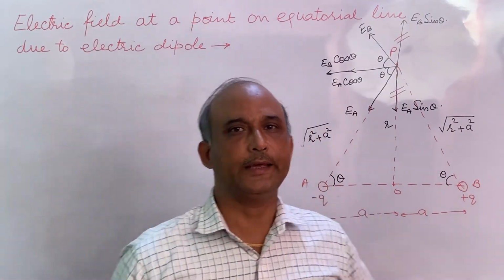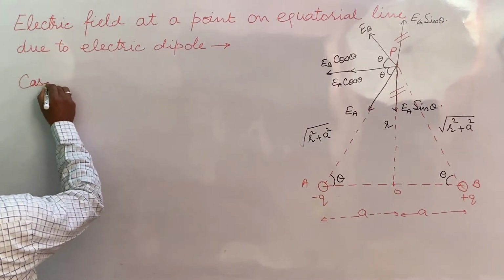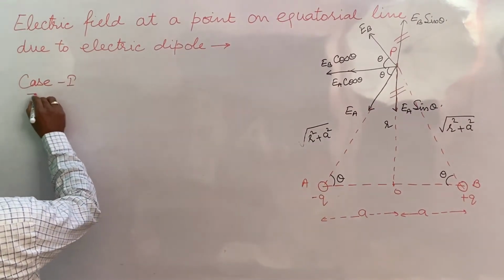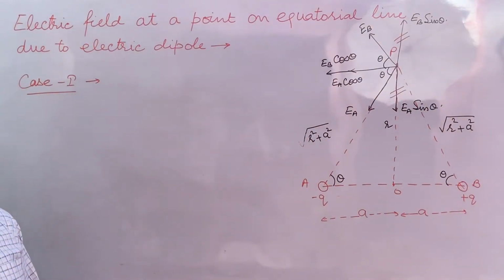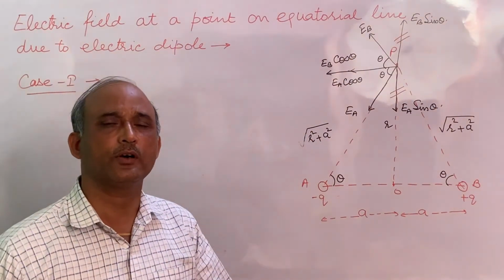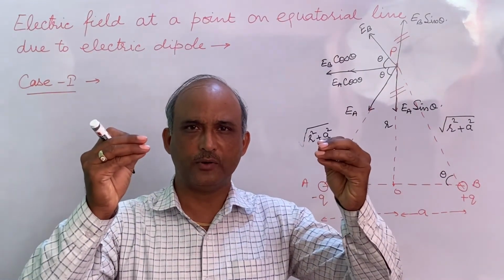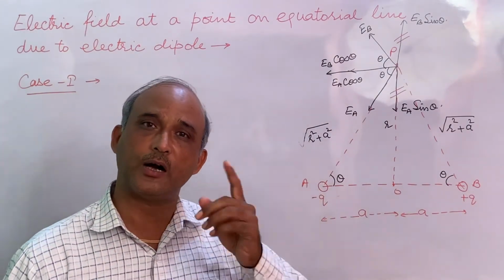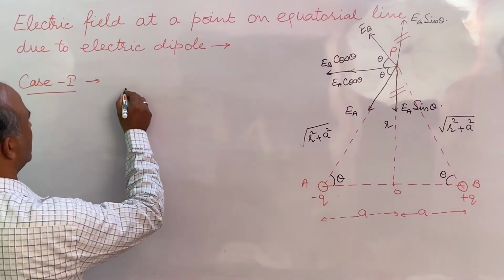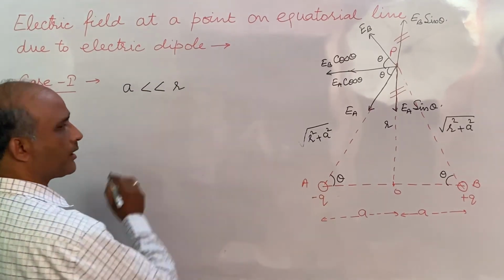Now case first. If the electric dipole is of very small length with respect to r, so we write a very much less than r.